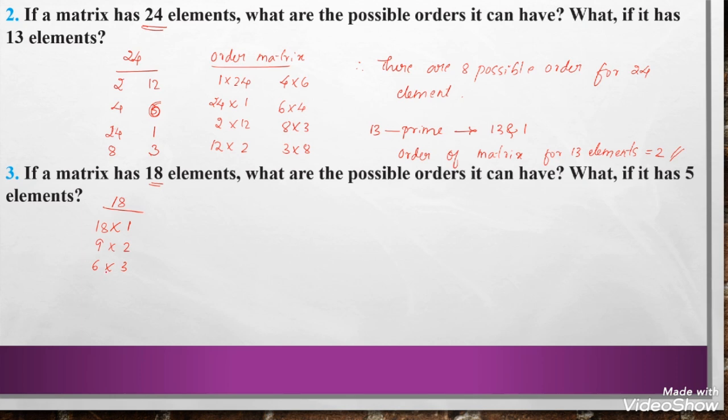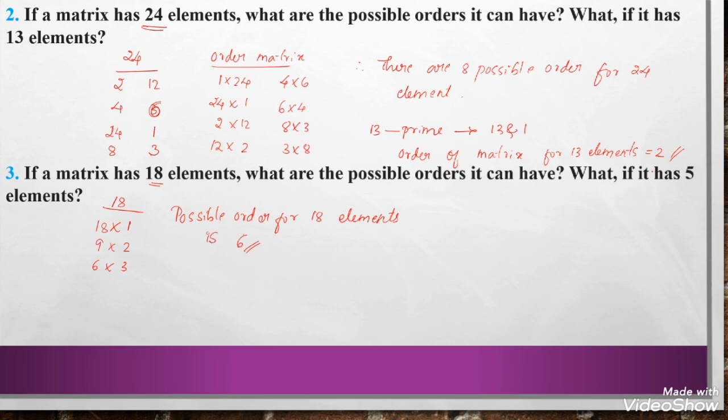While taking the factors, we have to consider only whole numbers, or natural numbers. There are 6 numbers, so there are 6 possible orders for 18 elements.